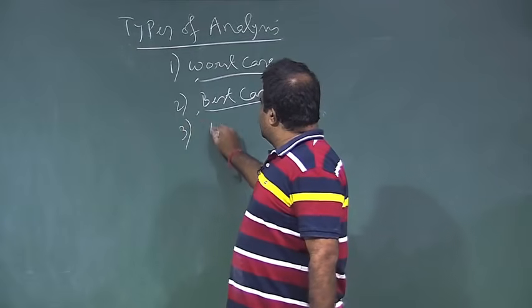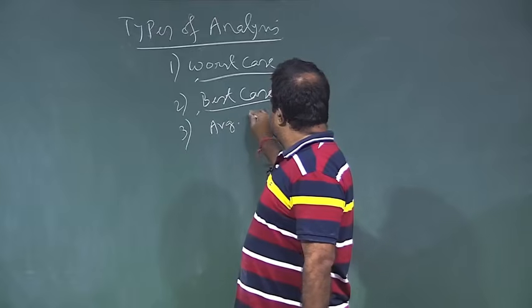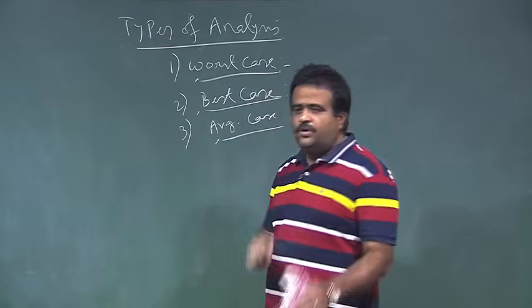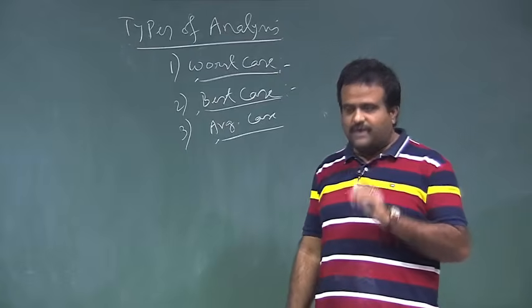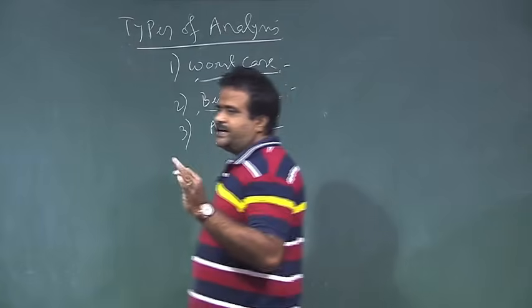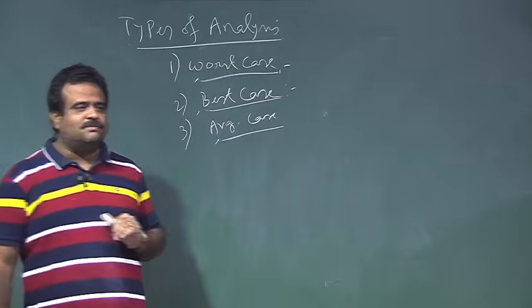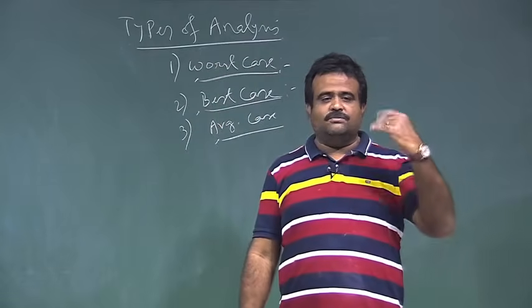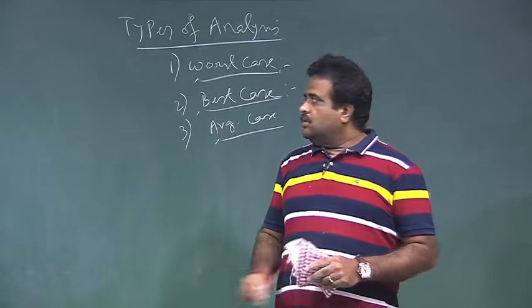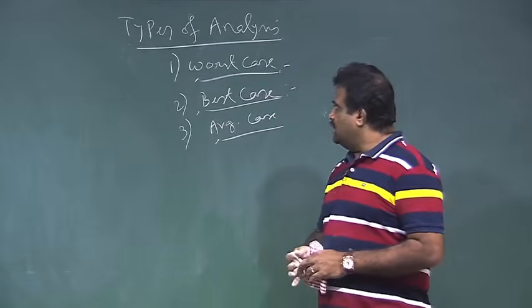And there is another case which is called average case. Average case means on average how much time it is taking, but it should be some expectation. So, for expectation maybe we need to take some distribution of the input pattern, and then we talk about the expectation. So, this we will discuss in the next class.